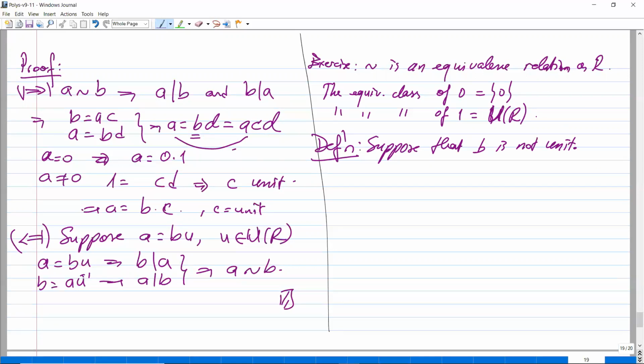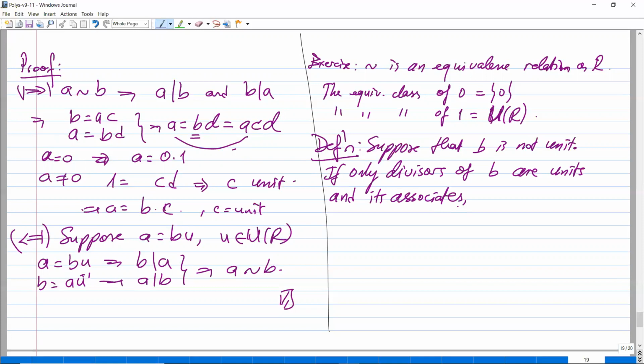Suppose that B is not a unit, like 5, for example, in the integers, and if the only divisors of B are units and its associates, then B is called irreducible.